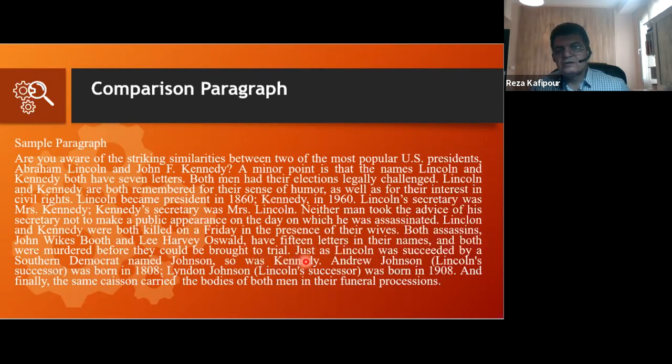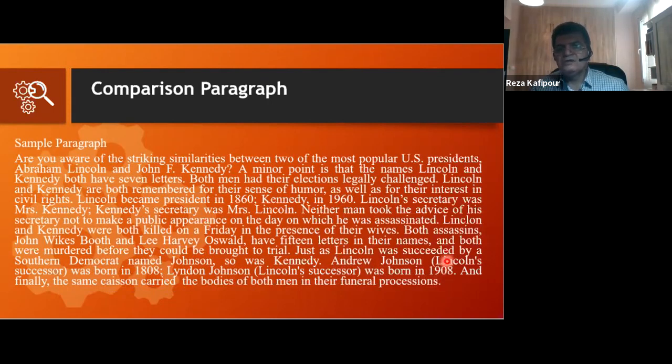Another major supporting sentence: just as Lincoln was succeeded by a Southern Democrat named Johnson, so was Kennedy, using just as, so a structure as we explained before. And the last major supporting sentence here, or the last similarity between these persons: Andrew Johnson was born in 1808; Lyndon Johnson was born in 1908.